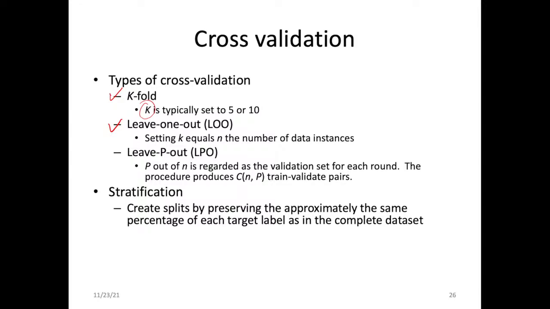If you have 100 instances, then you just set the number of folds to 100. So every time you just leave one as the test instance, and the others are training instances. That's just one variation. Or leave p out, which means that p out of n are regarded as the validation data for each round.